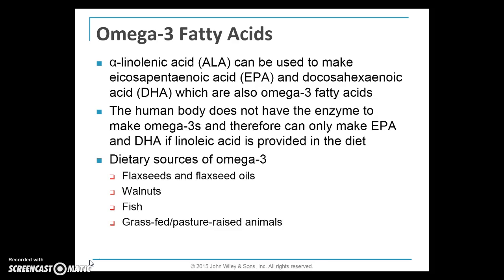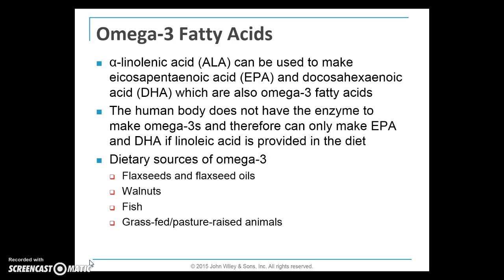Omega-3 fatty acids, alpha-linolenic acid, is used to make EPA, eicosapentaenoic acid, and DHA, docosahexaenoic acid. So EPA and DHA are considered omega-3 fatty acids.